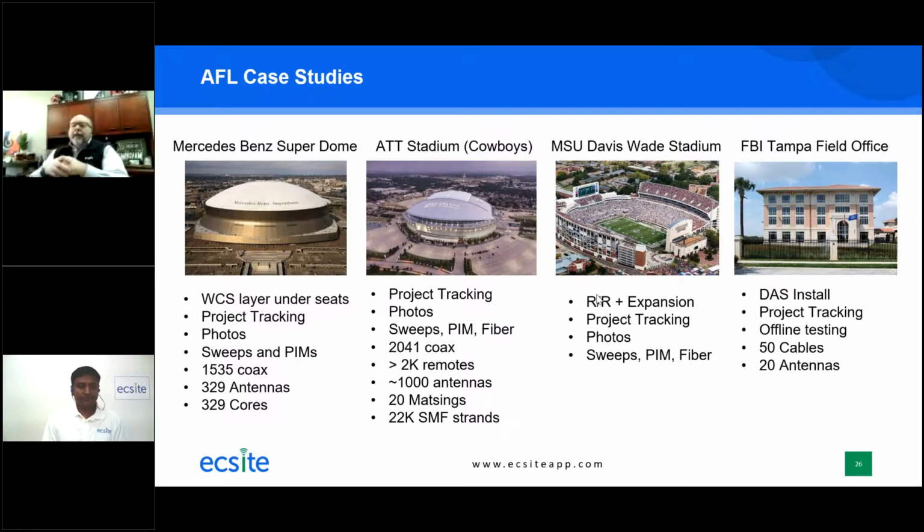What is going on? So I can tell you that as soon as the actual work happened, everyone across the board were instant believers. And why is that? Well, if you think about the size of what we have to accomplish sometimes, just with some of these projects that I threw down there, AT&T Stadium, for example, this past year, probably the largest project we had ever tried to accomplish as a company, just the thousands of sweeps and fiber testing and things that had to happen with a project of this size, being able to trust a field team to be able to handle that, to be able to have the size and scope of it and be able to accurately do it.